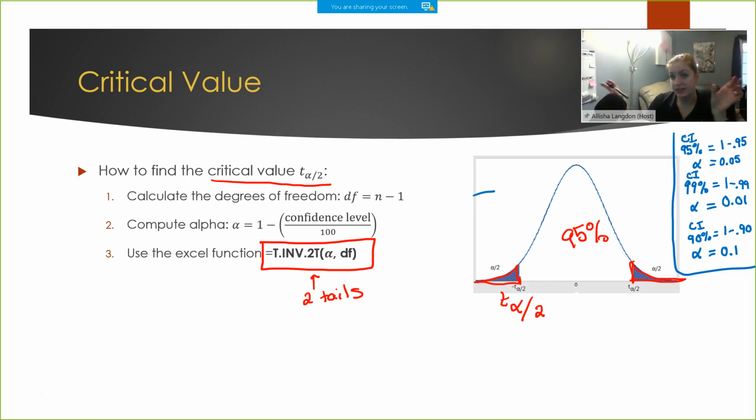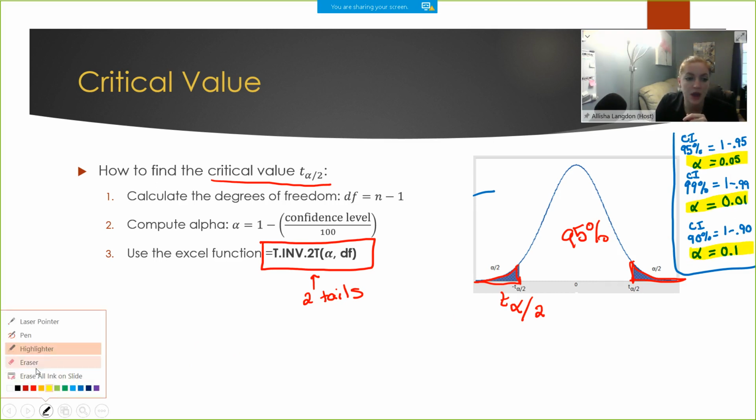So equals T.INV.2T, and then inside you're going to have your alpha, which we calculated over here. You see all your alphas right here. That's what you're going to put in, and then comma, degrees of freedom. Degrees of freedom are n minus 1.